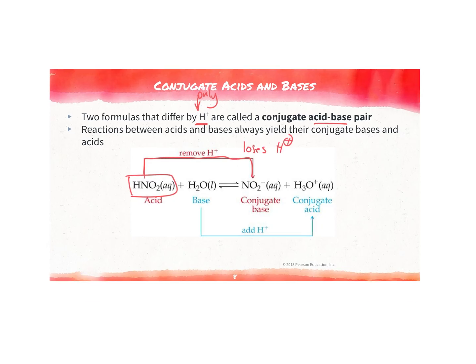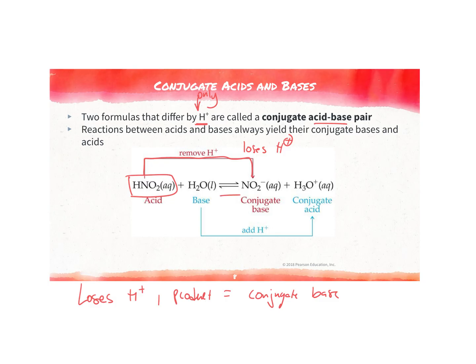If it loses H+, then the product is the conjugate base. In other words, what started as the acid will become the base in the products, because remember, these are under equilibrium, so they can go forward or back.